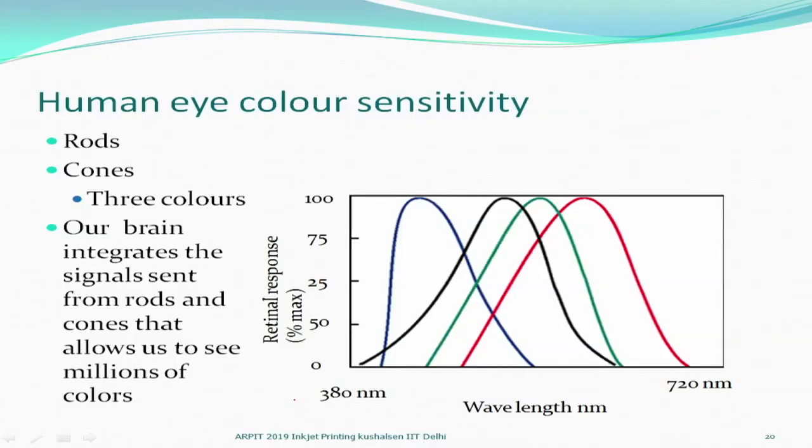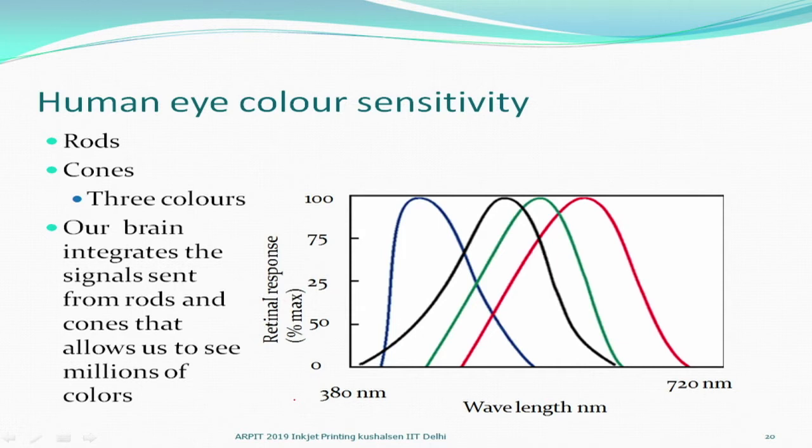Why is that? Because our eye, which is one of the best sensors that you have in the world, has only 4 types of sensors which perceive color. So, you have rods and cones, right? If you want to learn more about it, of course, you will learn more about the eye. But the important thing is, cones can distinguish between 3 colors which are standard.